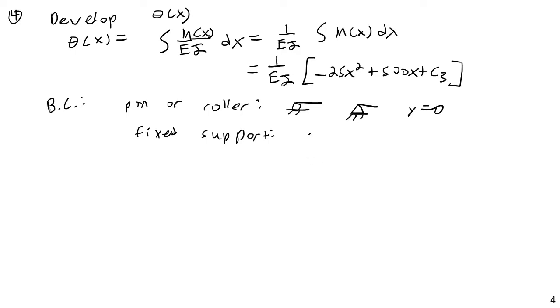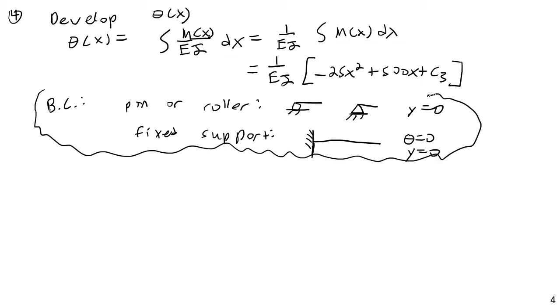So if you have a fixed support at this location, theta equals 0 and y is equal to 0. So these are some important boundary conditions to know. And these will really be our tools for solving these higher order integrations.